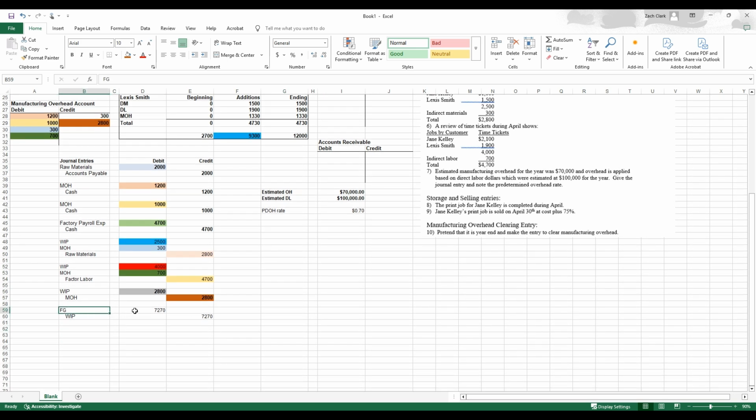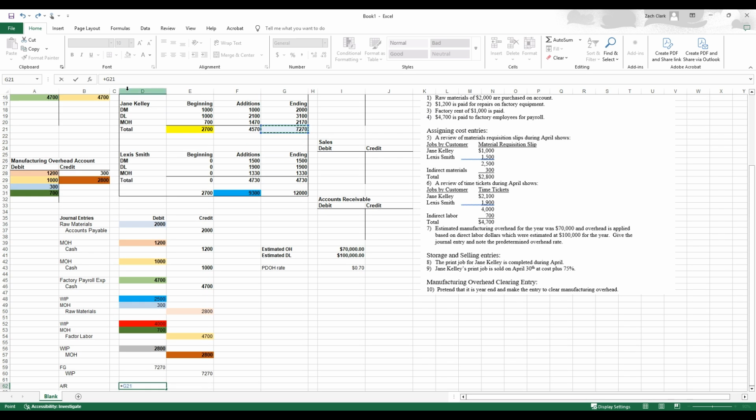So now we moved it into finished goods, but it's going to go out of finished goods quickly. So let's do our two-part sales entry, which you guys learned about in accounting too. We're going to do AR, and it's cost plus 75%. So we're going to take the total cost, 7,270, times 1.75.